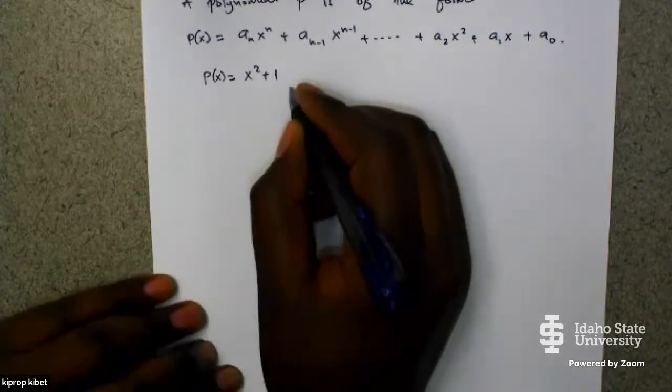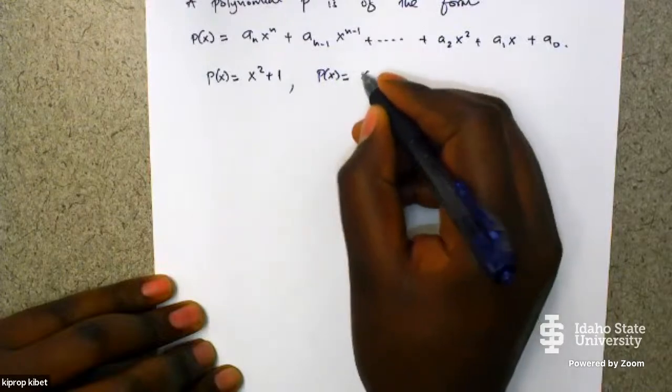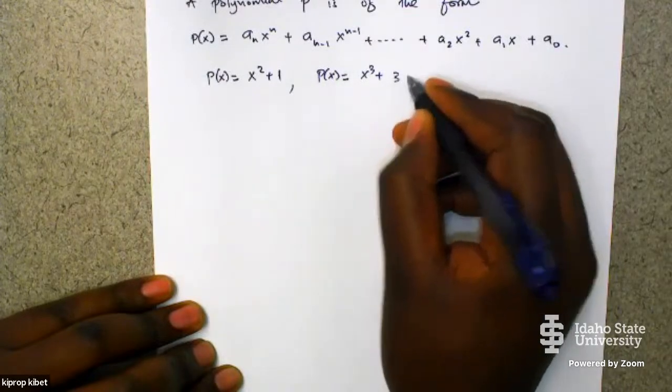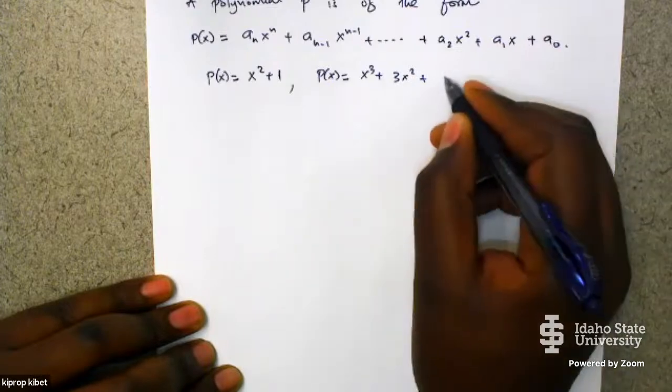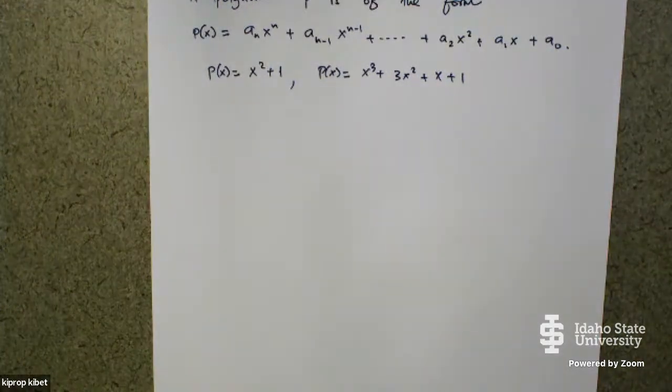Another one can be p of x equals x cubed plus 3x squared plus x plus 1. That is still a polynomial, of degree 3. The highest power of x here is 3.